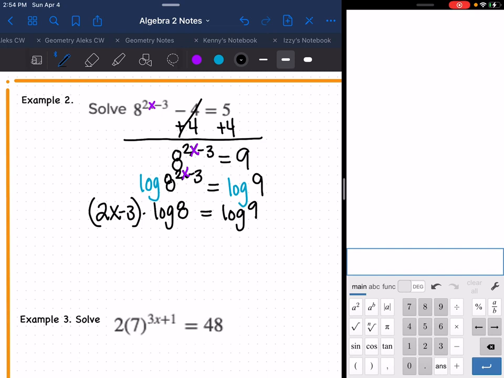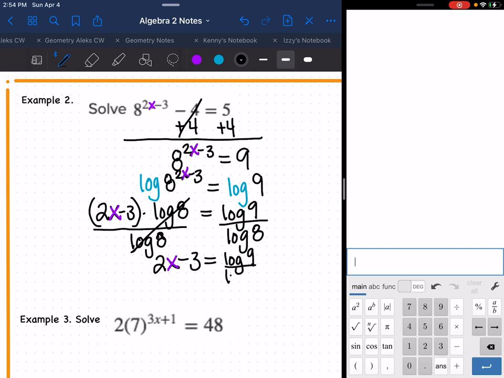I'm going to do exactly the same thing I did last time and divide both sides by the log of 8. Now here's where it gets a little bit tricky, because notice our x is not quite alone. I'm going to leave this as log 9 over log 8.